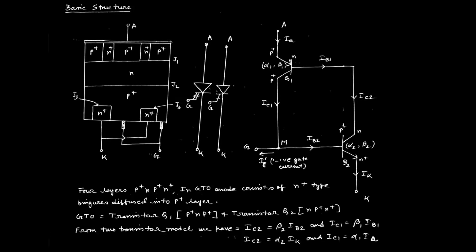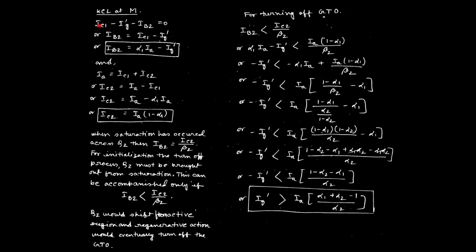So now, to describe the actual turn-on process using this two transistor model, let us apply the KCL at the point of Q1. If we consider Q1 as a particular node, then we can write the expression from this diagram like IC1 plus I dash G minus IB2 equal to 0.